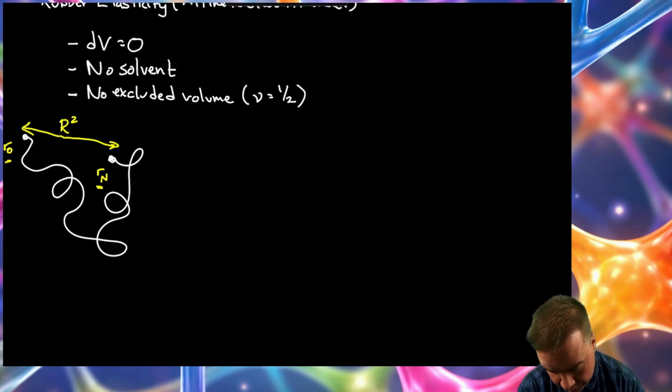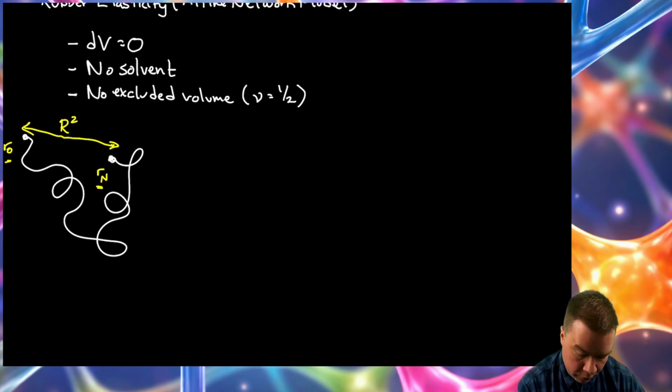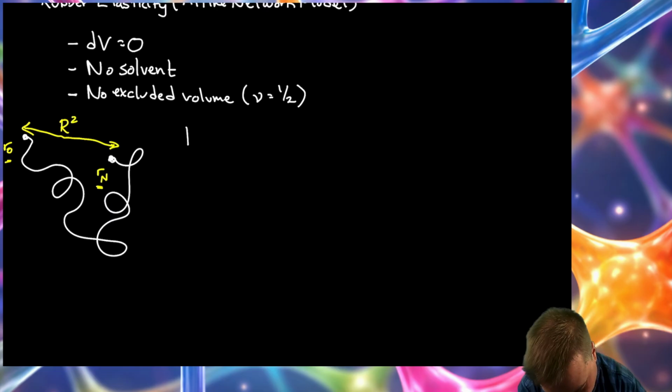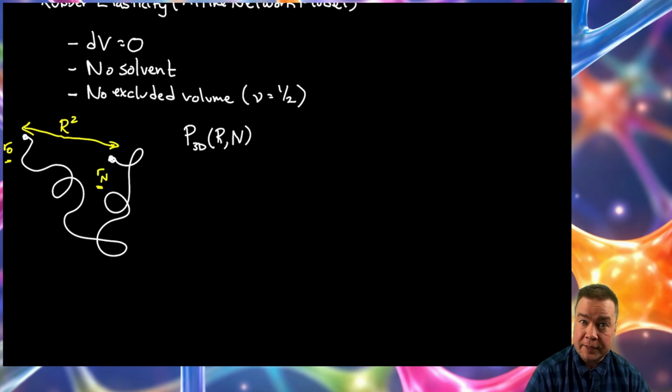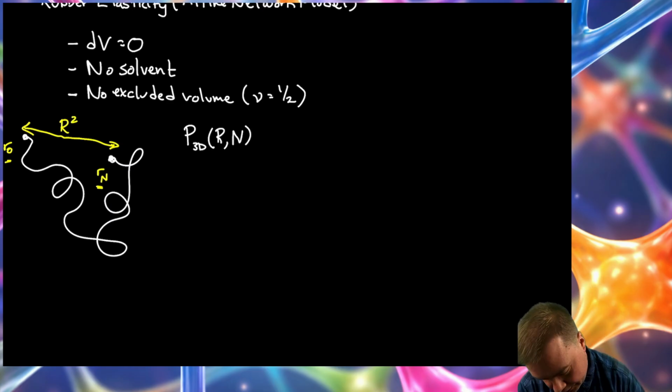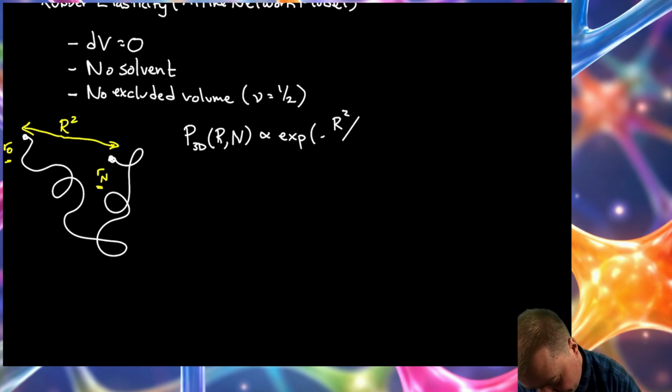And one of the key things that we came up with when we did this was that the probability in 3 dimensions of a polymer chain having a size R, if it's got n statistical segments in it, is proportional to the exponential of minus r squared over n b squared.